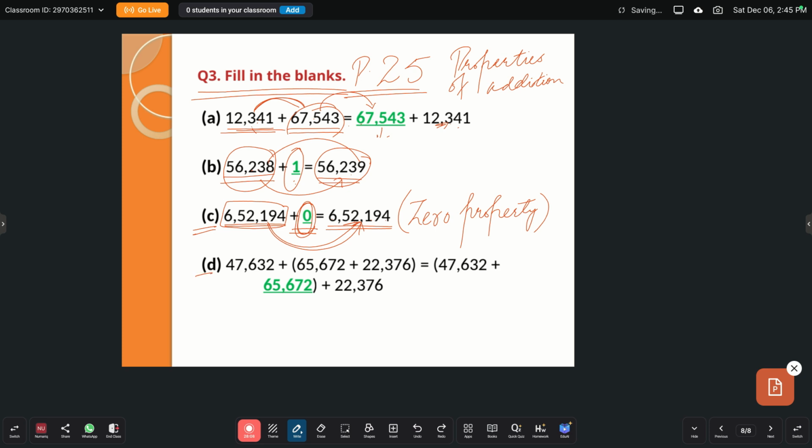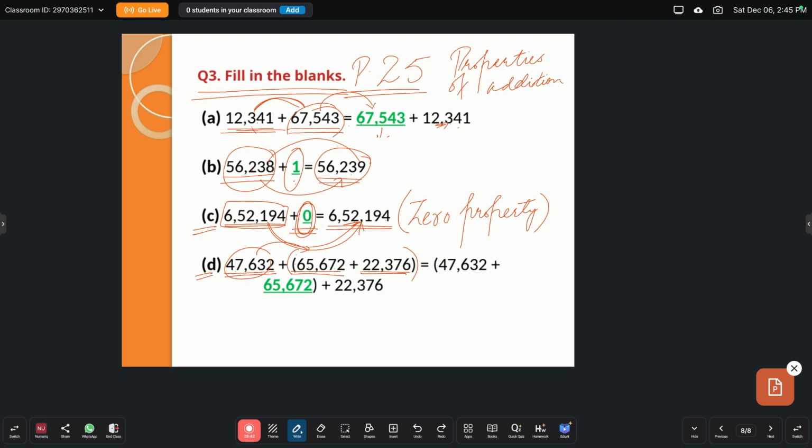Now, moving to the D part. Here the first number is 47,632. Our second number is 65,672. And the third number is 22,376. What he has done here is that he has grouped the last two numbers first, and then he has added the first number to their sum.